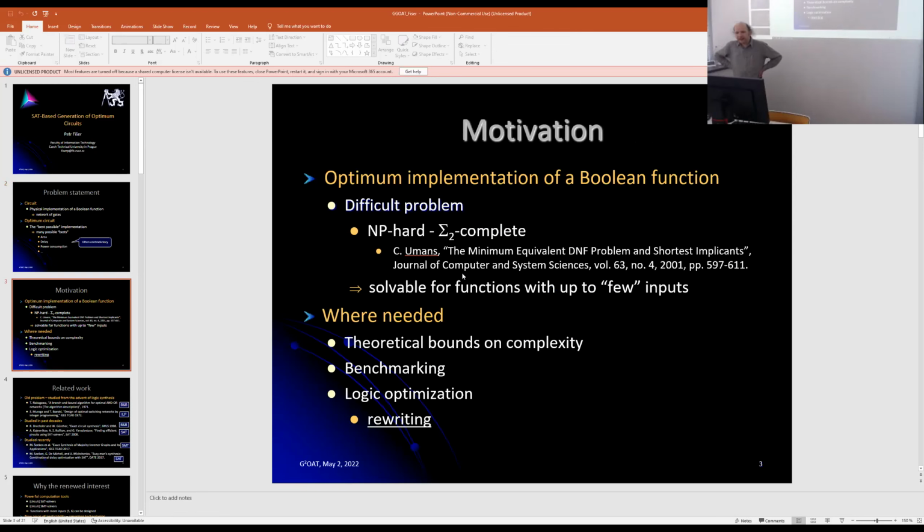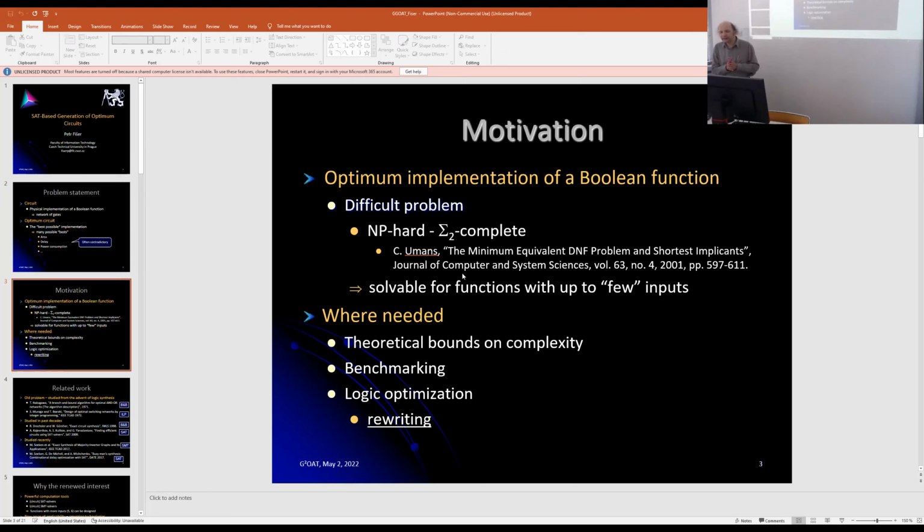So what's the motivation? First of all, from the theoretical point of view, designing the optimal implementation of a Boolean function is a difficult problem. It's pretty hard, and in particular, it's been proven that it is in the polynomial hierarchy.